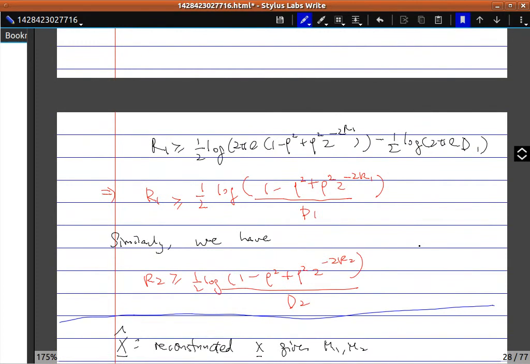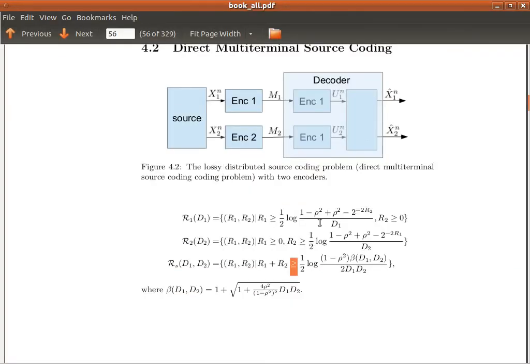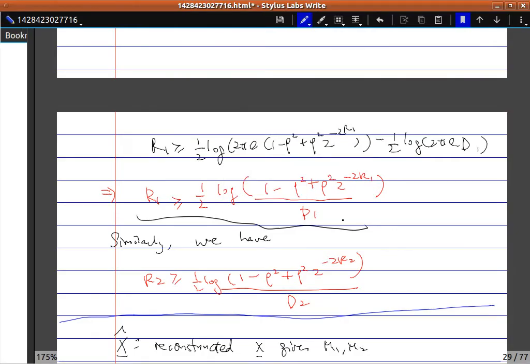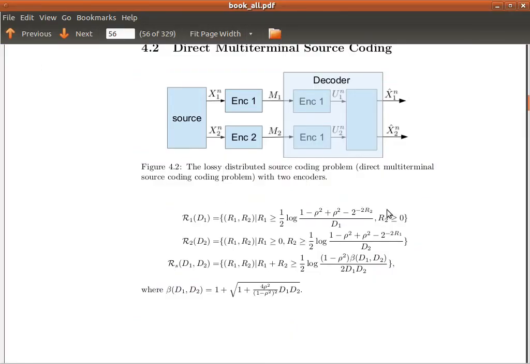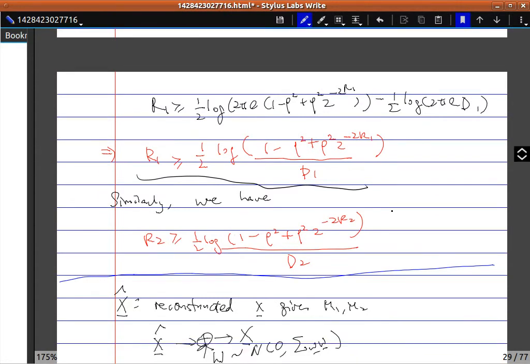If we rearrange the terms, we get the first inequality that we want. When R2 is bigger than or equal to 0, we have R1 bigger than or equal to that. And the second one is essentially the same by symmetry.